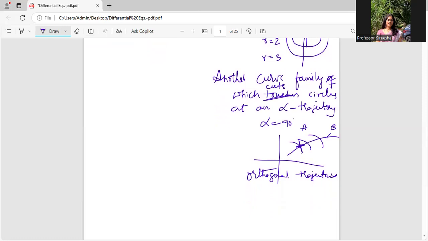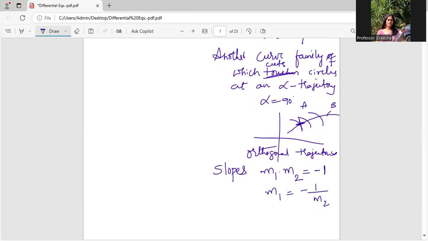So what I will basically do is consider their slopes. If they are orthogonal, what should be the product of their slopes? Obviously, you all know that the product of the slopes should turn out to be -1. Or in other words, I can write m1 equals -1 by m2, or m2 equals -1 by m1.